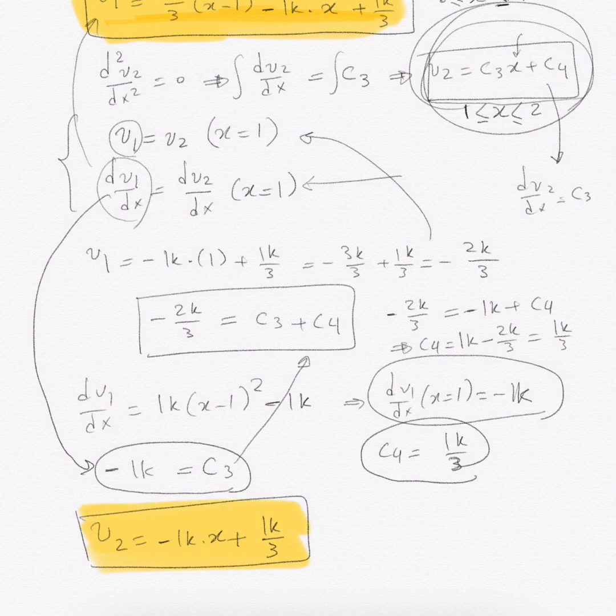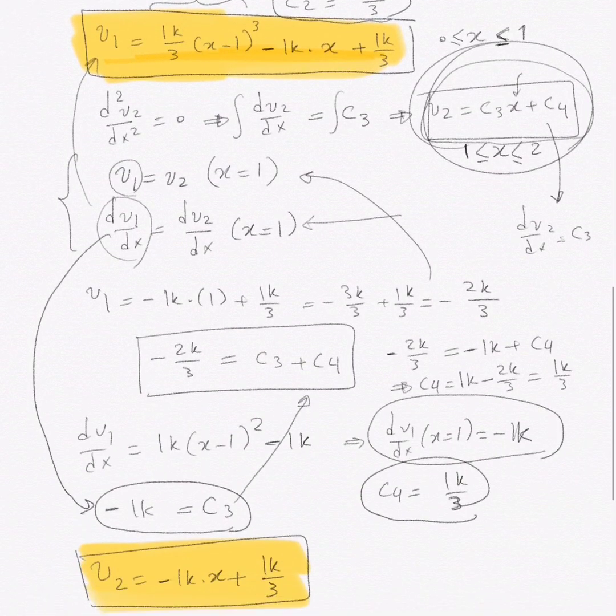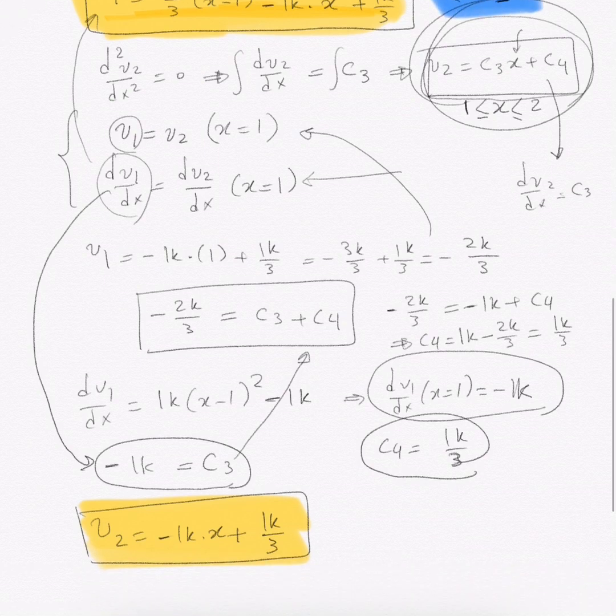Now look at the two highlighted areas, V1 right here and V2. These are the complete description of deflection at two different regions: from x equal to 0 to 1 for the first one, and from x equal to 1 to 2 for the second one. And the problem is completely solved.